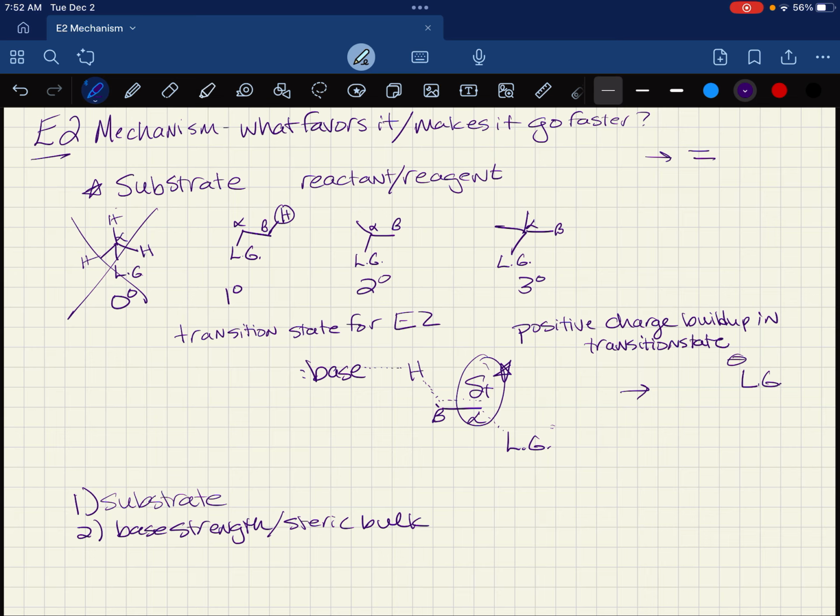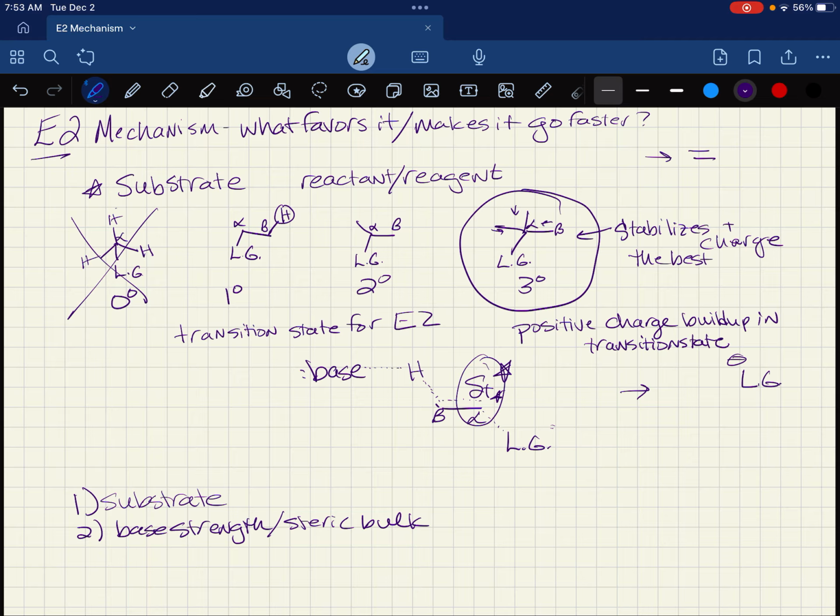And so because of that partial positive charge buildup, we're actually going to get the fastest E2 with a tertiary substrate, because this will stabilize that positive charge the best of this series, and that's because these alkyl groups are electron donating groups, and electron donation to something that's going to have this partial positive charge buildup is going to be more favorable.